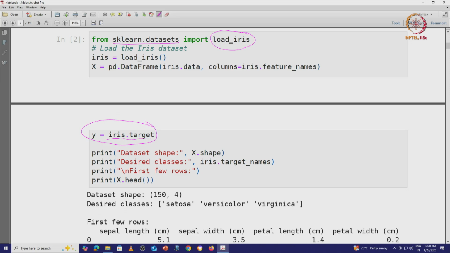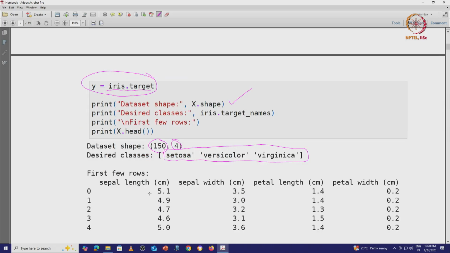Okay, so this tells you the size of the data set, so it has 150 data points and 4 features like we had discussed earlier, and then yeah, these are the desired classes that we want to visualize the data in by doing clustering, whether it's k-means or DBSCAN or some kind of nonlinear dimensionality reduction.